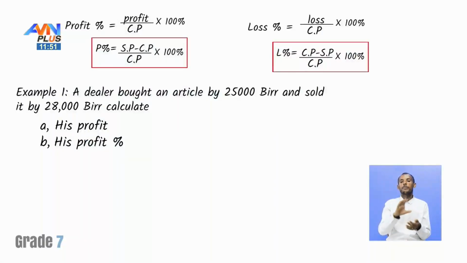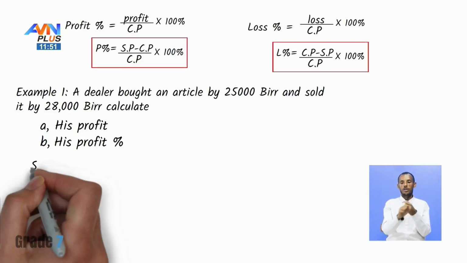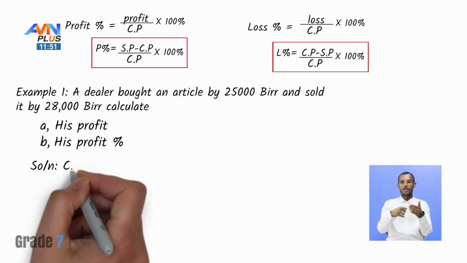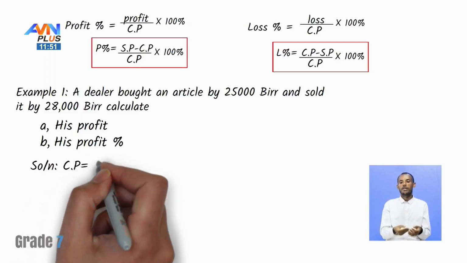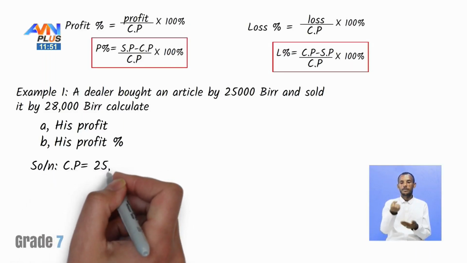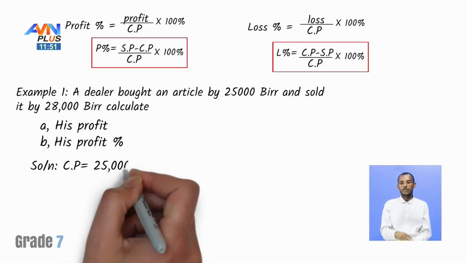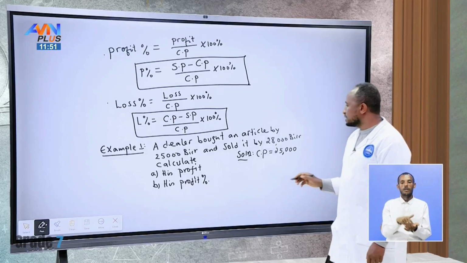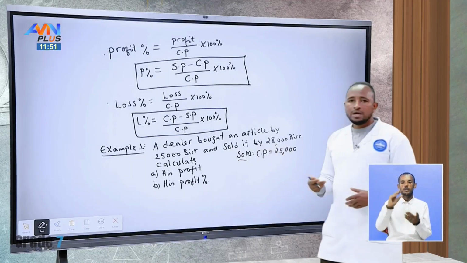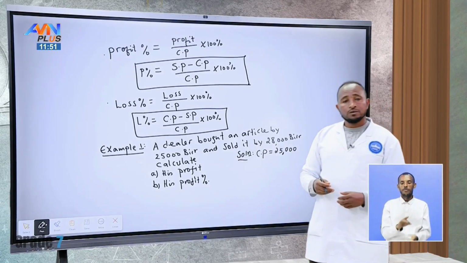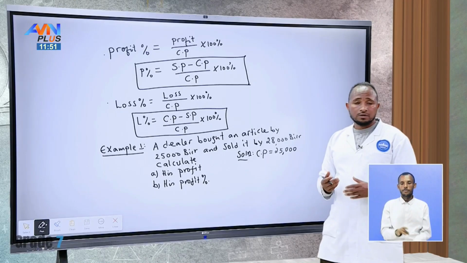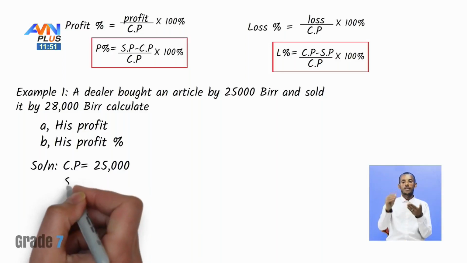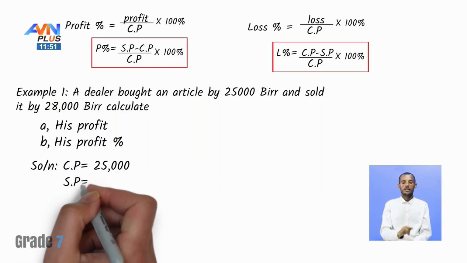Solution: the cost price is 25,000. And sold it by 28,000 birr. So this is the price at which an article is sold. Therefore, it is the selling price. Here, the selling price is 28,000.